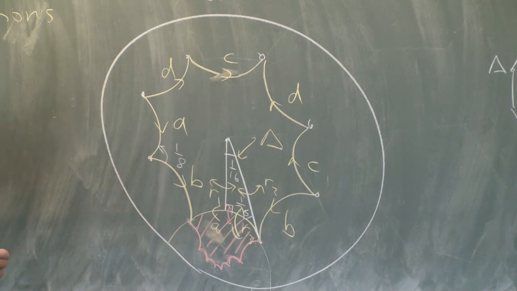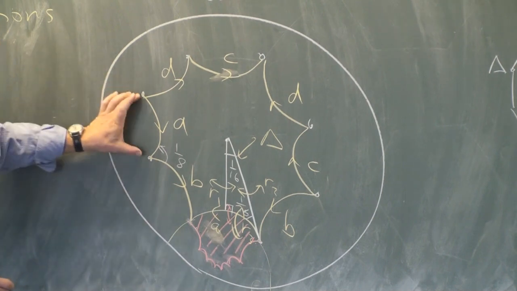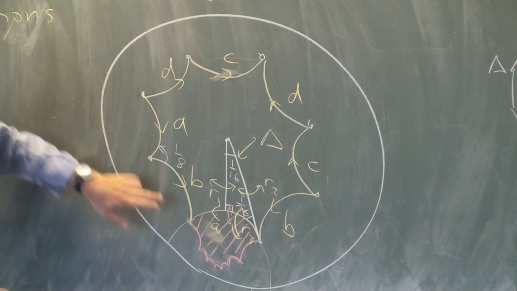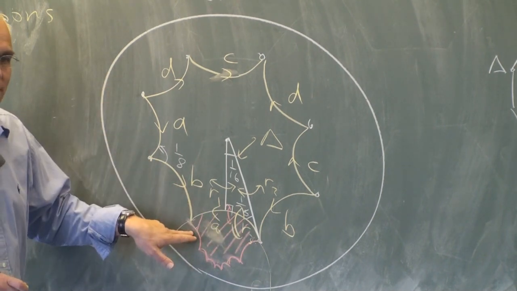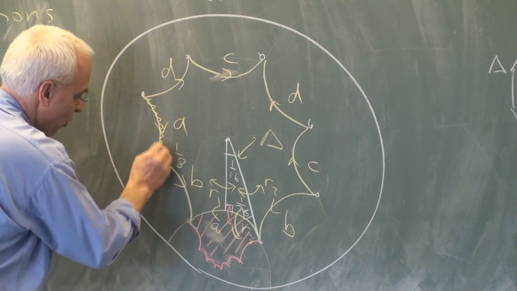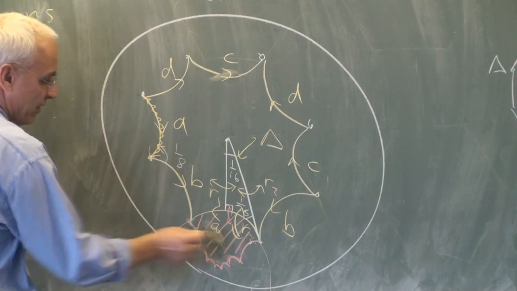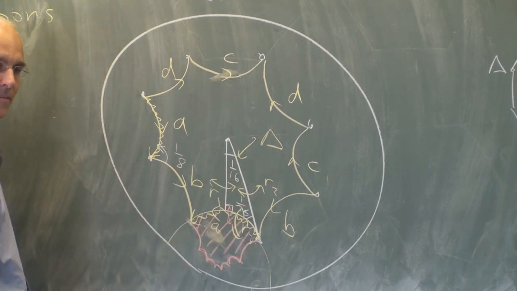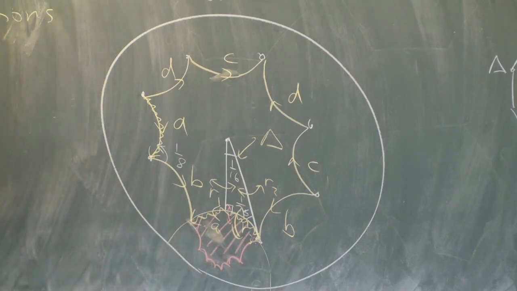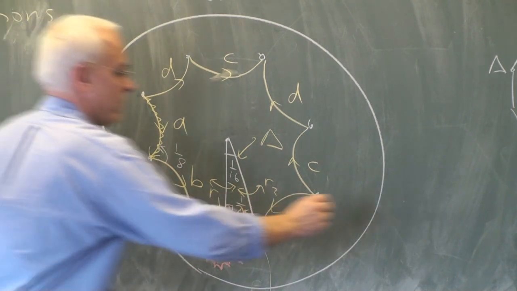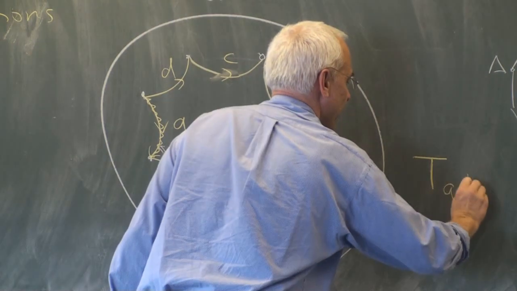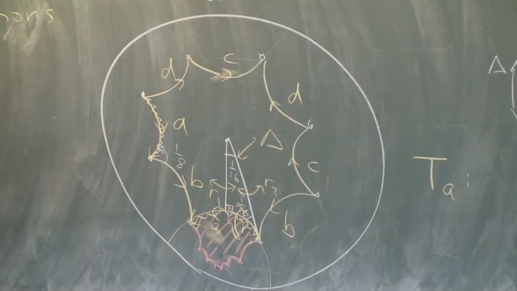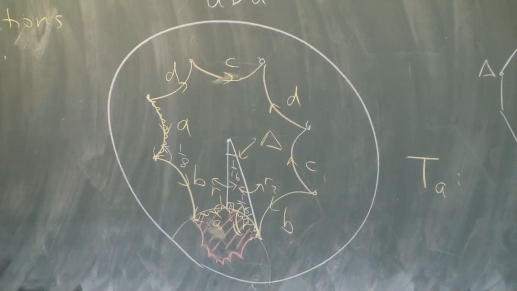In particular, we need a reflection that sends this A edge to this A edge, so that if we're going in this direction over here, then it corresponds to going in this direction over here. And that map, let's call it T sub A. How could we get that?